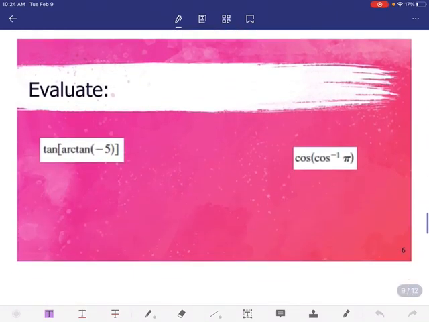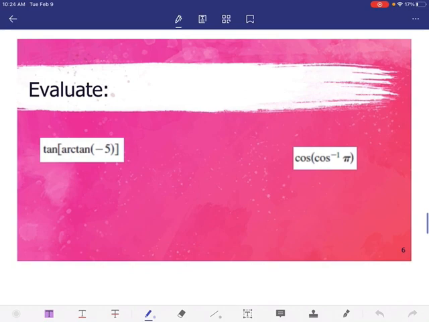So again, remember that our tangent and our cosine inverses are going to work very similarly to our inverse sine, meaning that my tangent and my arctangent are going to undo each other, and my cosine and my cosine inverse are going to undo each other. However, again, the big thing here is that we have to make sure that we're within the right interval.